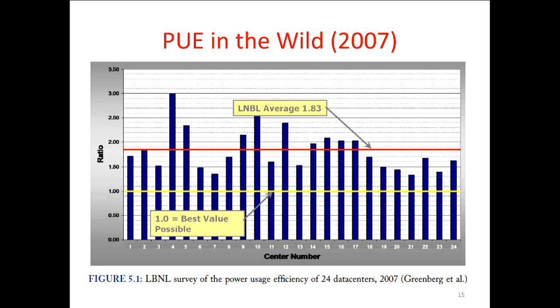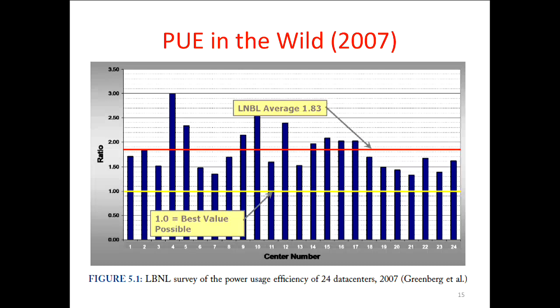So here, this is the graph for the PUE of data centers in the world. As you can see, some data centers are efficient, right? If you see this, but something like this is very inefficient. It's roughly 3, right?